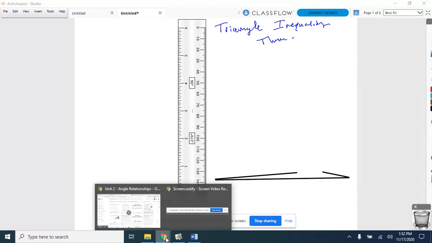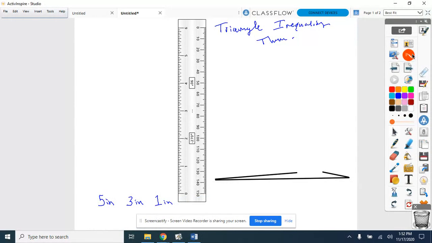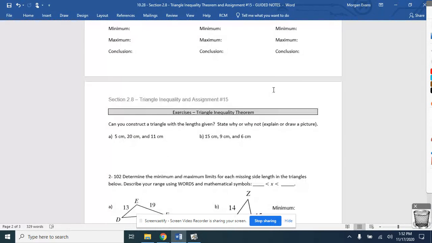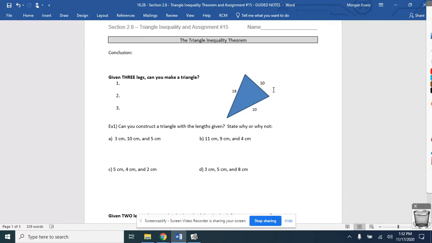So let's jump over to our guided notes page and talk a little bit more about this. We'll start here, triangle inequality theorem.